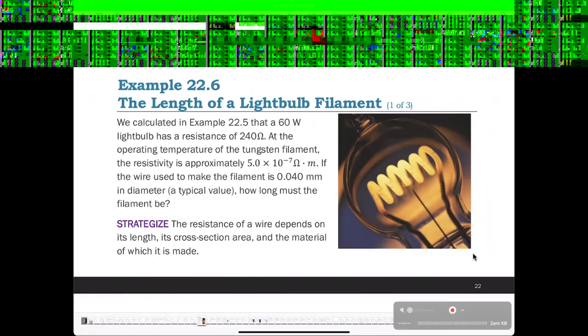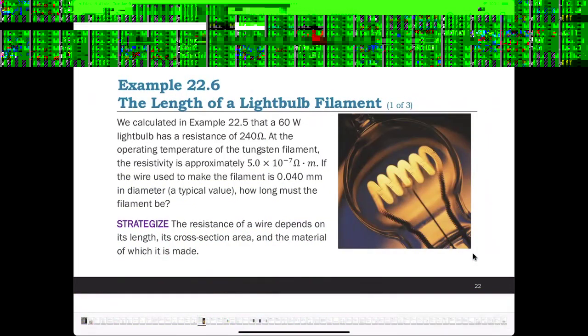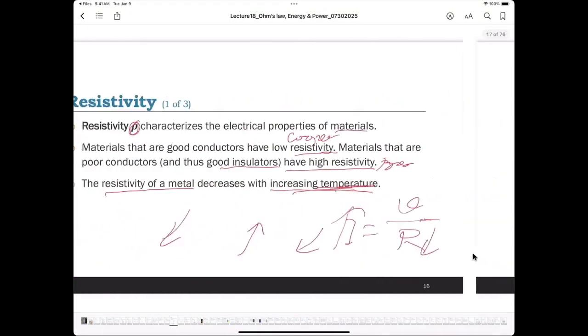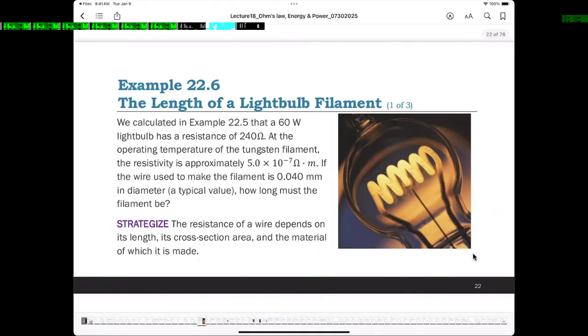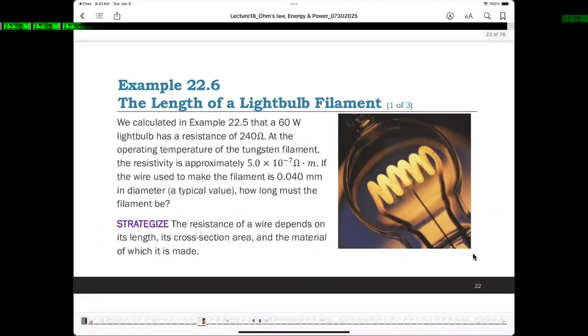We calculated in example 20.2 that the 100-watt light bulb has a resistance of 240 ohms at the operating temperature of the tungsten filament. The resistivity is approximately this value.